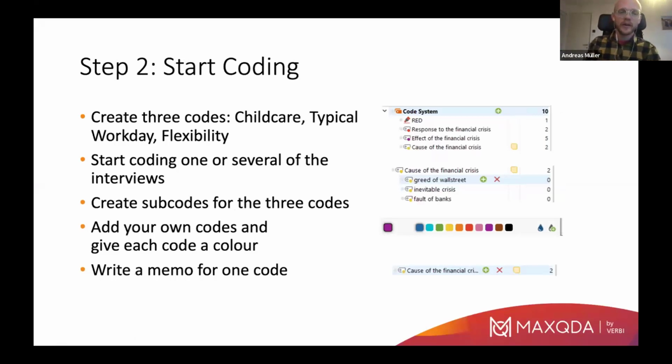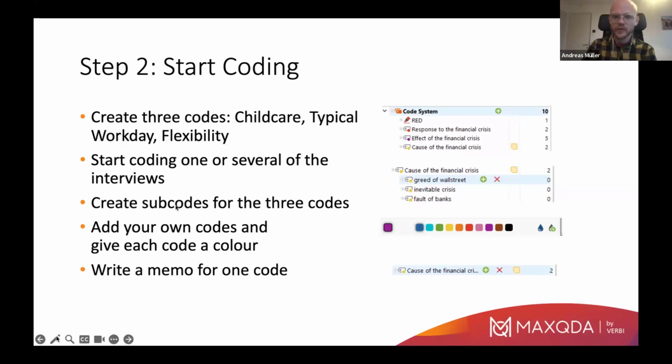We will not create all of these codes, but we will at least create a few codes like childcare or typical workday. What we are doing here first is that we already have an idea what we are looking for. We create this code and try to assign it to the data. That's called deductive or concept-driven coding.